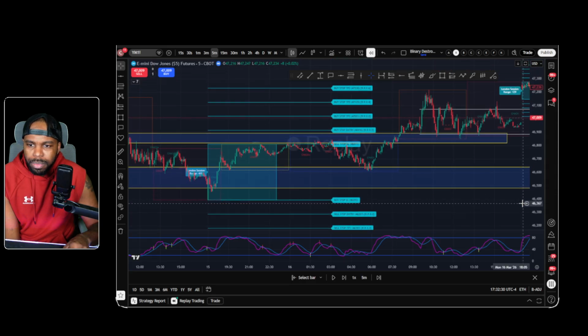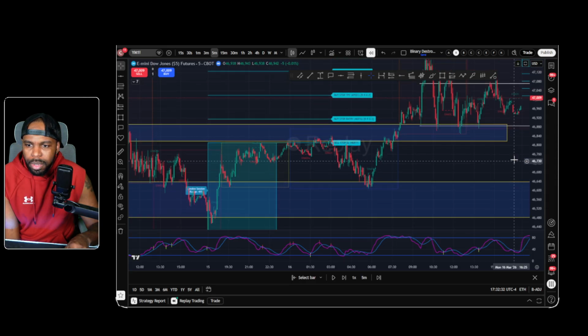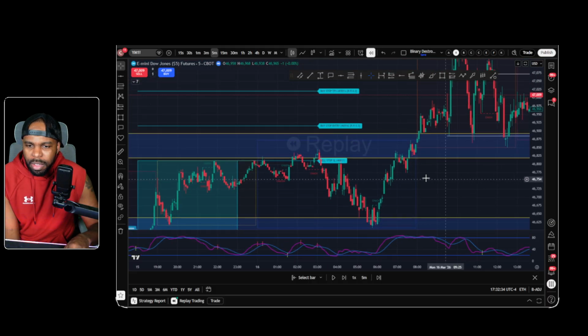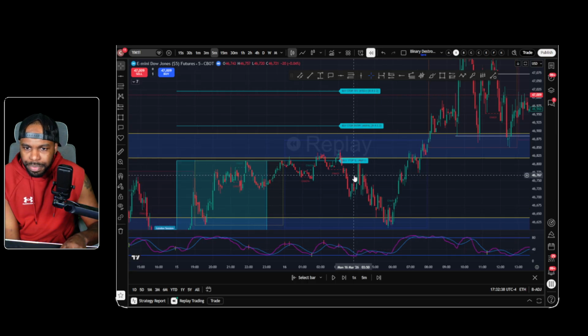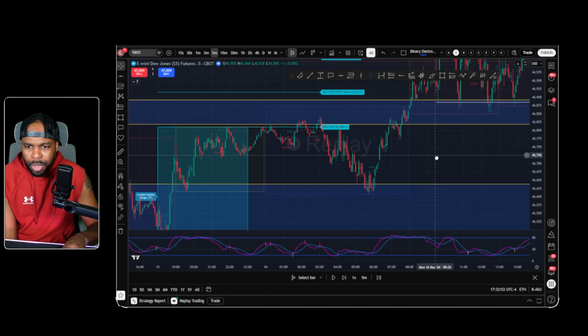Now, in this situation right here, this would have been iffy. But when it comes to my strategy, I would have taken this trade to the sell. But in this case, I probably wouldn't take a buy. I probably wouldn't place a buy stop because price is below this zone here. So I probably wouldn't have taken that trade based on Pip Juice.